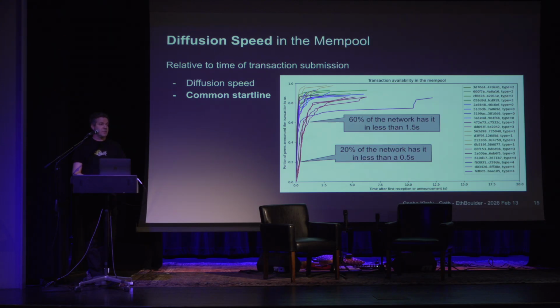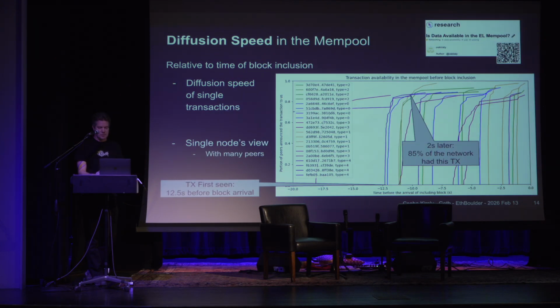This is a different view of the same thing. It's the same curves. I've just pushed them to the left side. So this is how fast the transactions are getting spread if you put the starting point at the same place, from when you have submitted the transaction. Here the 0 point was when the transaction was getting into the block.